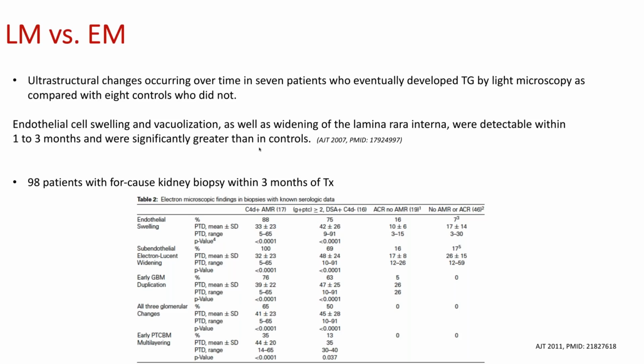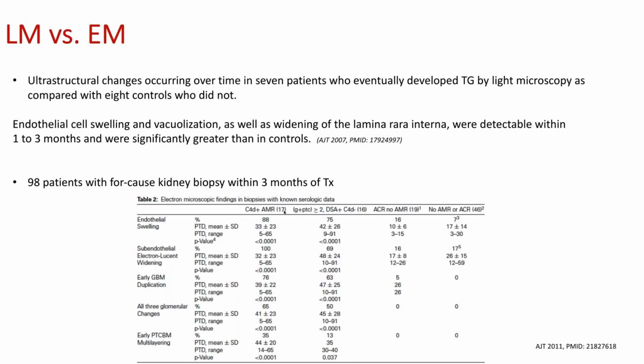The second study looked at 98 patients with protocol kidney biopsy done within 3 months of transplant. As you can see here, the 3 glomerular changes, endothelial swelling, subendothelial electron-lucent widening, and early glomerular basement membrane duplication, were observed in about 65% of patients who were labeled as C4d positive AMR.